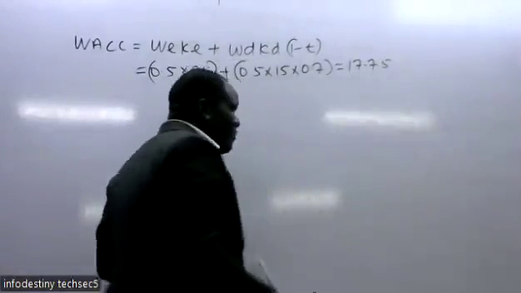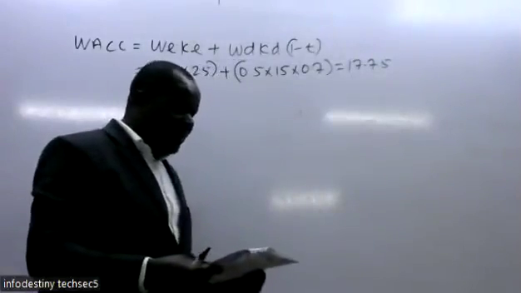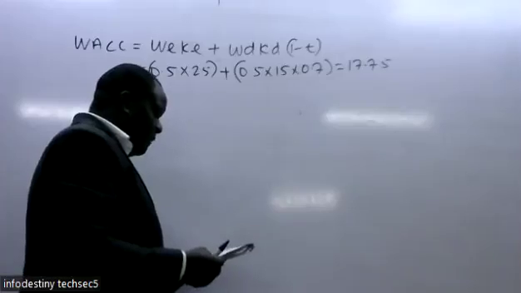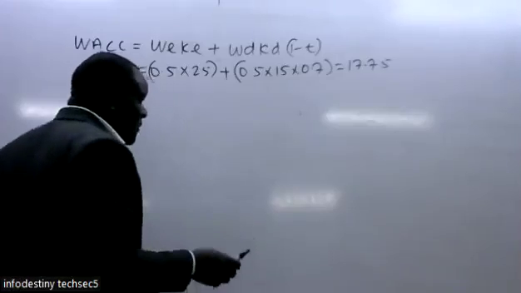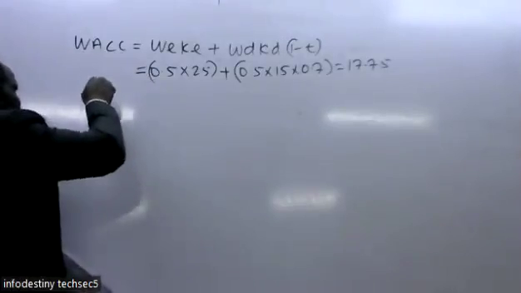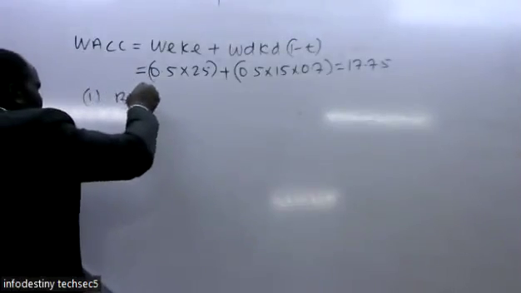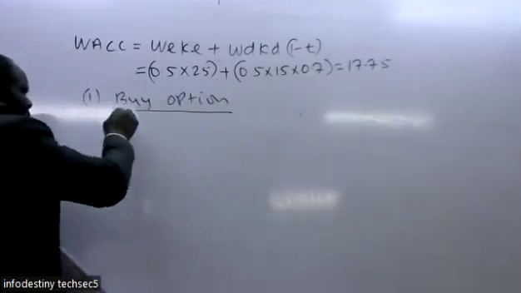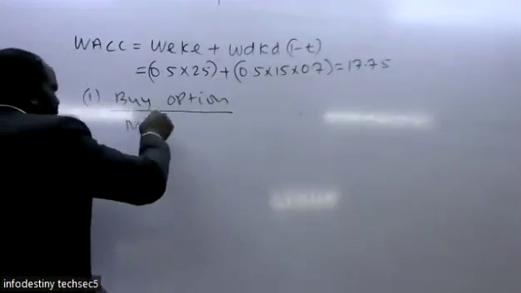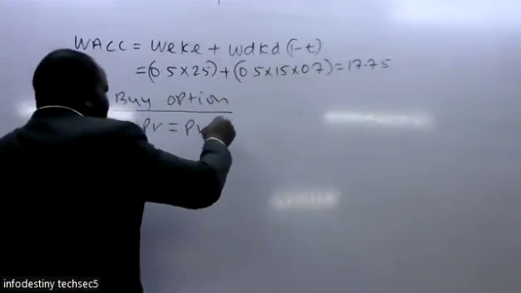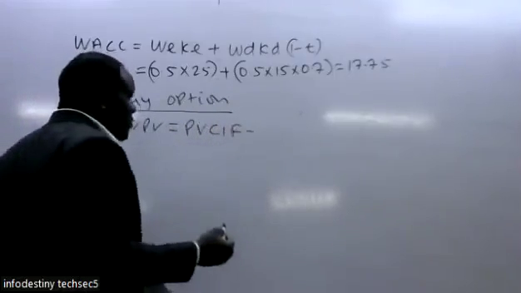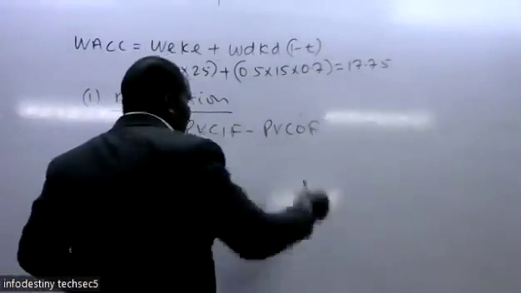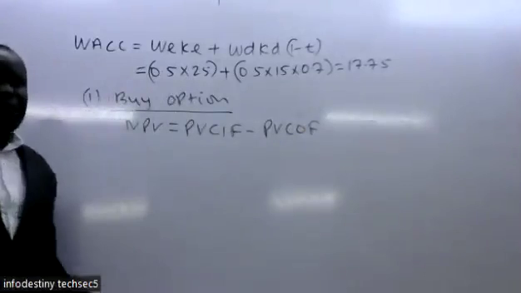So we start with Roman letter 1, the NPV of the buy option. NPV is given by the present value of the cash inflows minus the present value of the cash outflows.